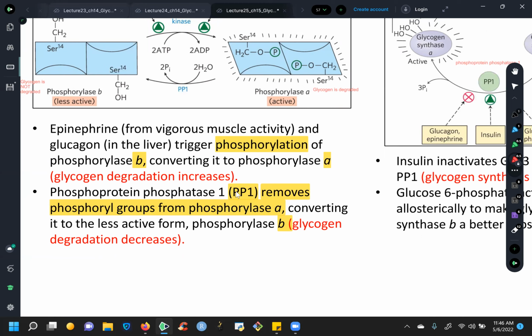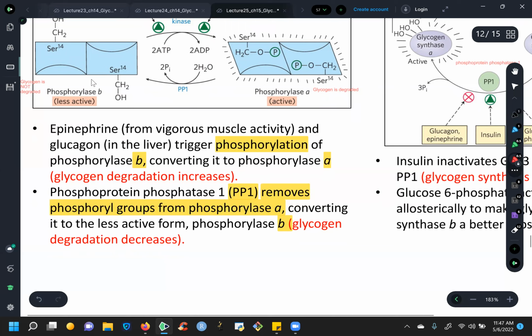Now, if you have PP1, phosphoprotein phosphatase 1, remember, phosphatases remove phosphoryl groups. So this will remove the phosphoryl group from phosphorylase A, and then this will form phosphorylase B, this guy right here.